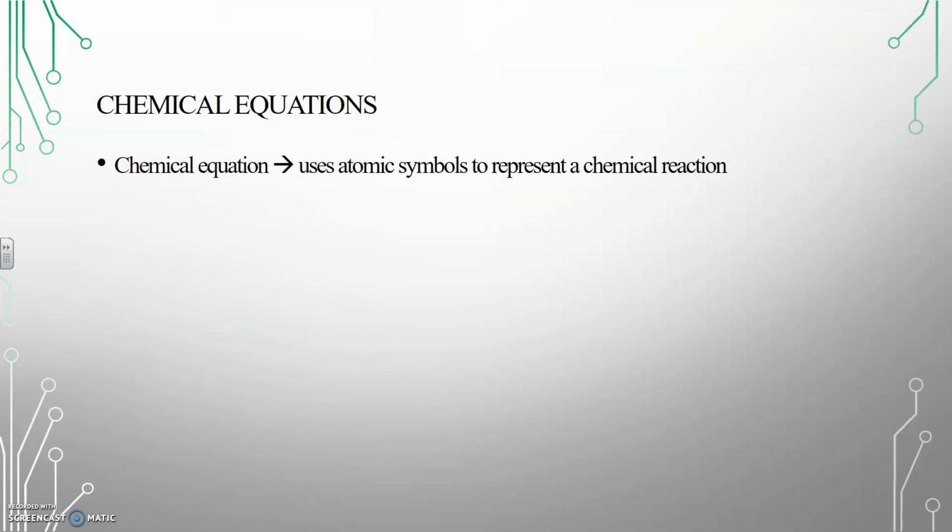So a chemical equation, we're going to get more into these in the next section when we actually work on balancing them. But chemical equations use atomic symbols to represent a chemical reaction. So it's going to show the relationship between the reactants and the products. You're going to have the reactants on the left and the products on the right.